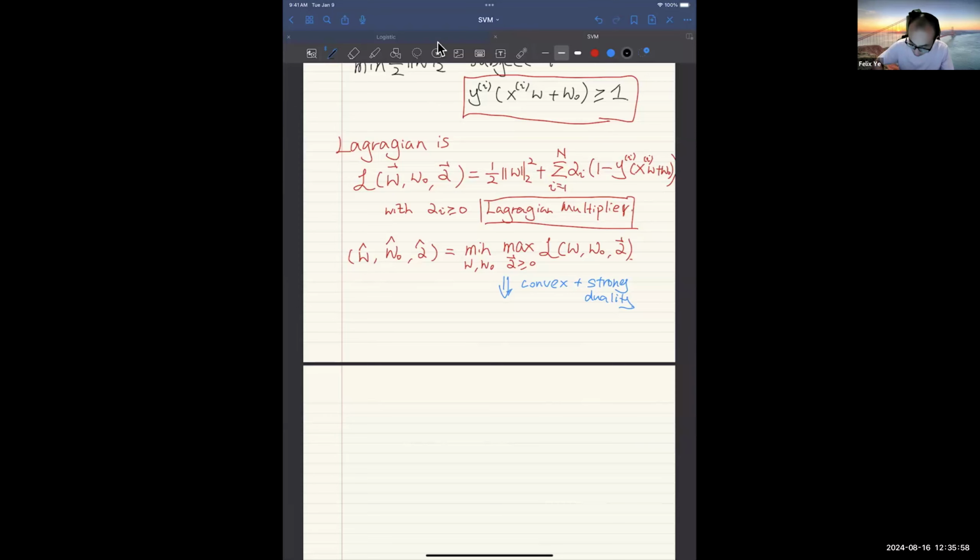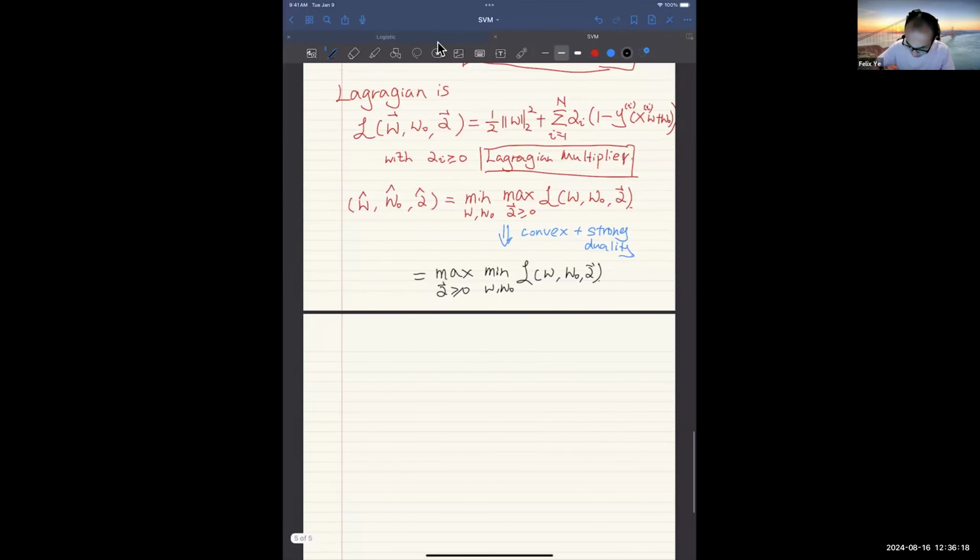I'm going to switch the order: maximization over alpha bigger than 0, then minimization over W and W0 of the Lagrangian. With this condition, we can switch the order of the minimax.